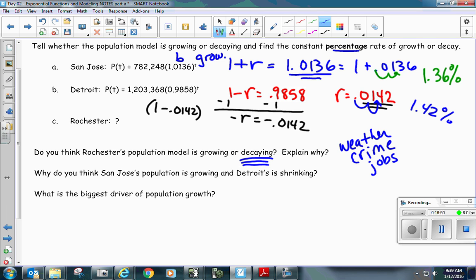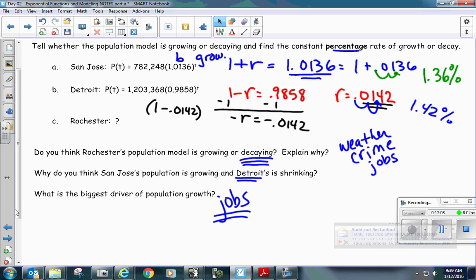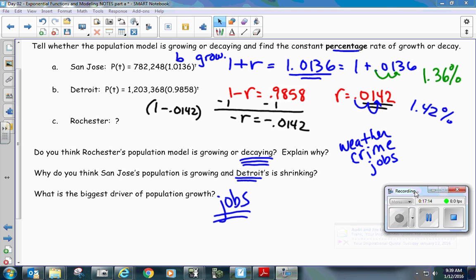Detroit, that's the car industry. You know how it went down. It's actually making a rebound, but Detroit's where the car companies were, and they were going down real bad. Okay, so the biggest driver of population growth? Employment, jobs. If there are companies that need people, they will try and get them in. If there is a place that has no jobs for people, people are going to leave to go find jobs. Okay?